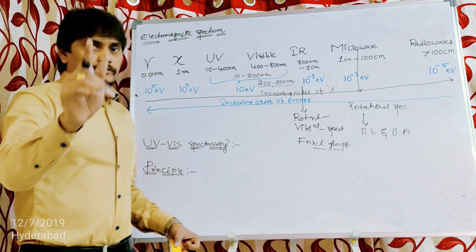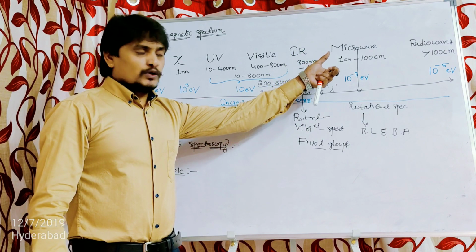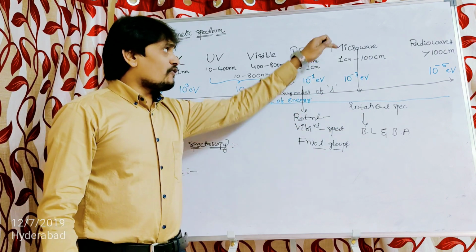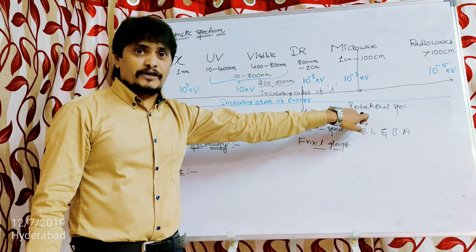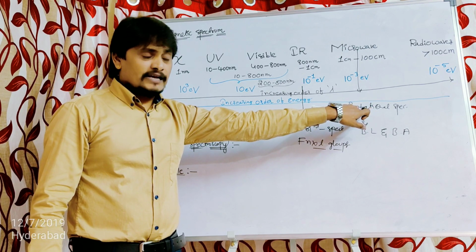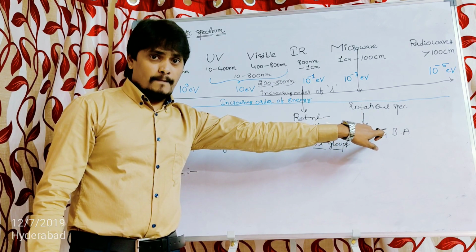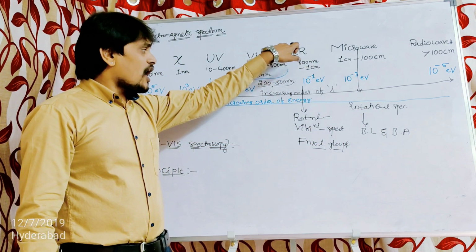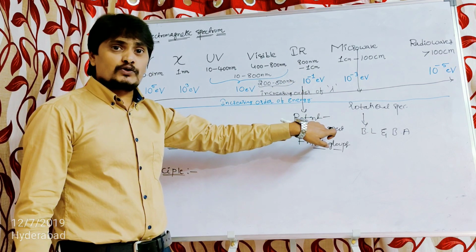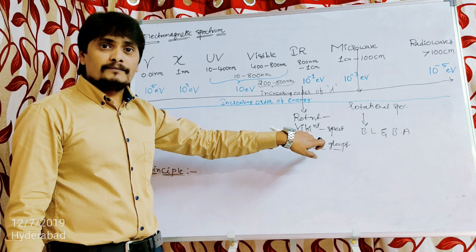So, just remember, students, microwave spectroscopy is giving the information. Microwave spectroscopy is also called rotational spectroscopy. Why it is called rotational spectroscopy, I have already discussed. It is giving the information about bond length and bond angle of the molecule. Whereas IR or rotational vibrational spectroscopy is giving the information about functional groups present in the molecule.